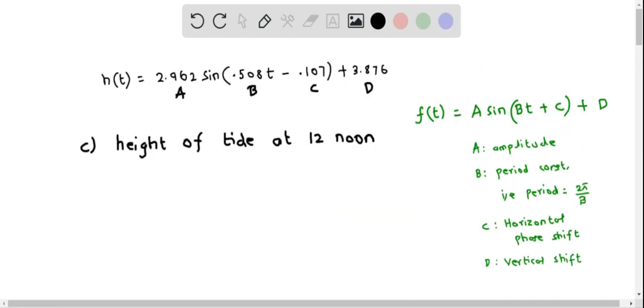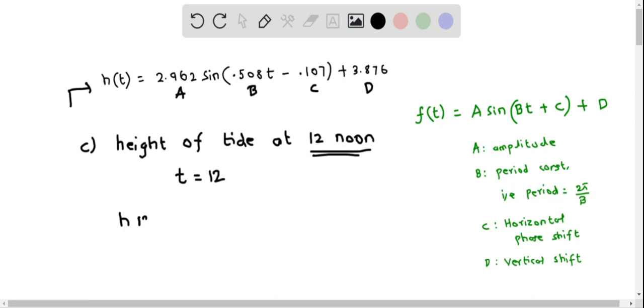Let's answer part C. Here we have to determine the height of the tide at 12 noon. So basically, we have to plug t equal to 12 into this height function. Since t represents the number of hours since midnight, 12 noon represents t equal to 12. So let's do that.